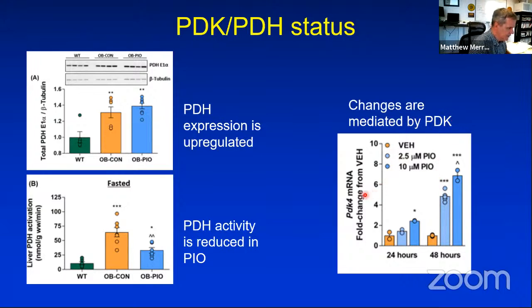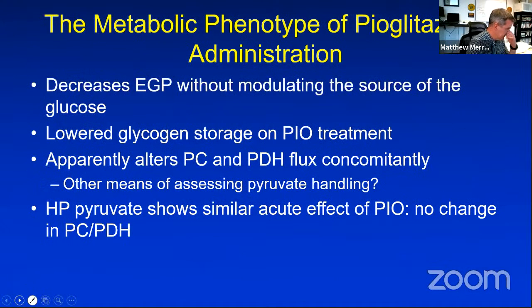And so you can see that the mRNA of the PDK is going up with PO treatment. So we're really downregulating PDH flux. And concomitantly, we must be downregulating that PC flux.